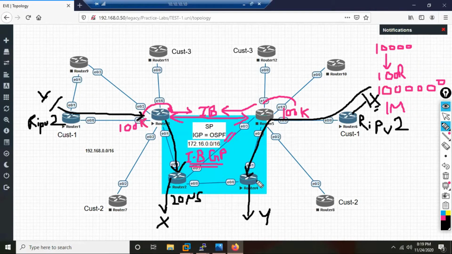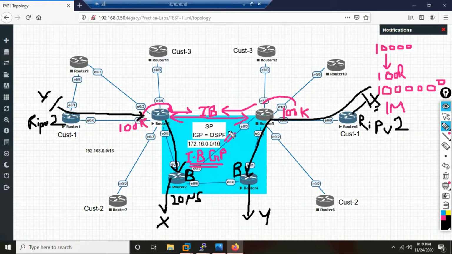So before MPLS, what was the requirement? If you want traffic to flow through the service provider's network for the customer routes, each and every router in the service provider network must have the customer routes. And that's the reason people used to do BGP here also, and here also BGP.